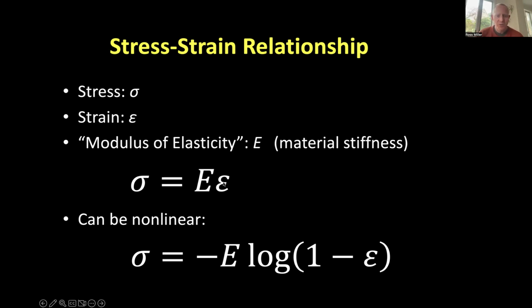So stress and strain are related to each other through that modulus of elasticity, where if you apply a certain stress, that results in a certain strain, and the ratio there, how much stress it takes to result in a given strain, is a function of your modulus of elasticity. So basically, the bigger that modulus of elasticity is, or the bigger the stiffness of that material is, the more stress you're going to have to apply to result in a given strain.